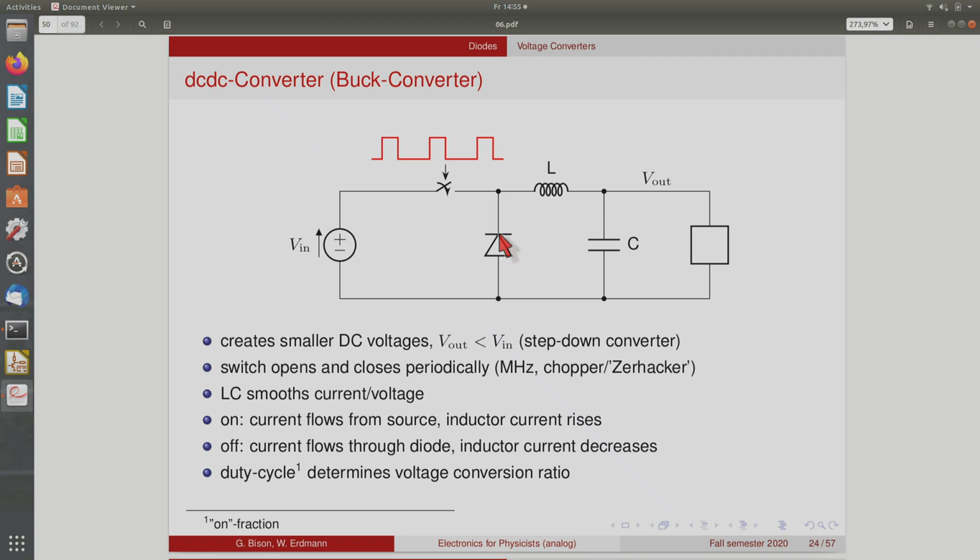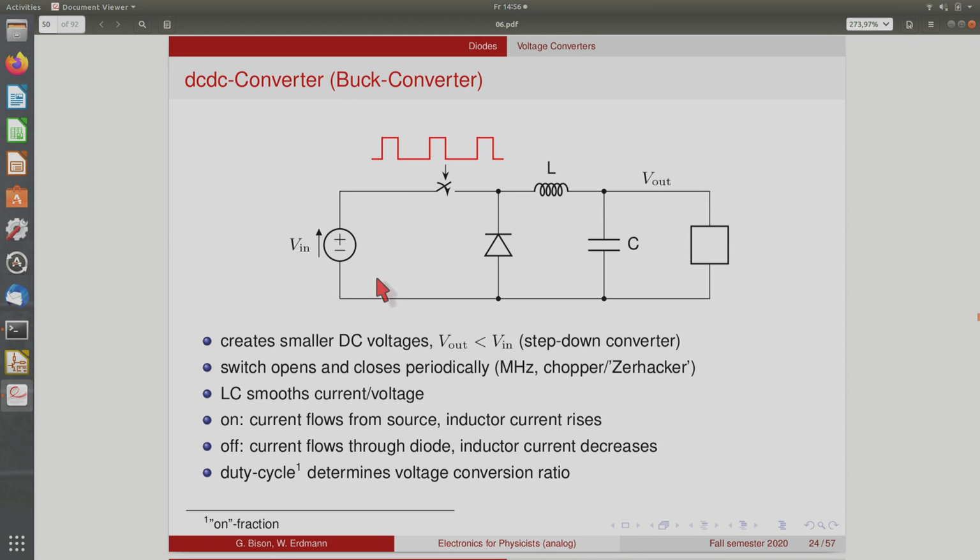Then it's sometimes advisable to use these DC-DC converters to convert the high voltage with a small current into a low voltage with a larger current, like a transformer, but for DC voltages. And this is done the following way.